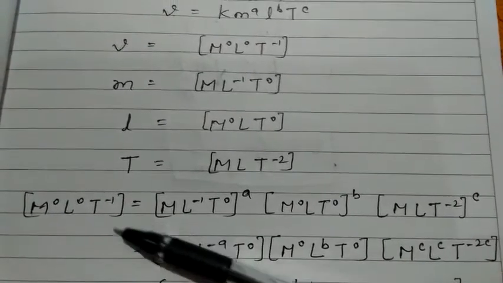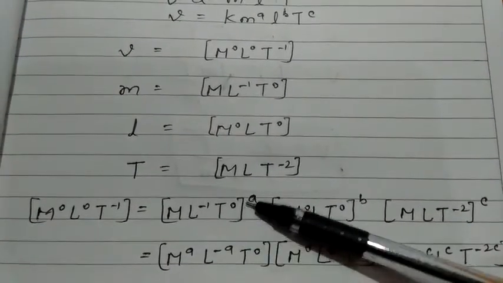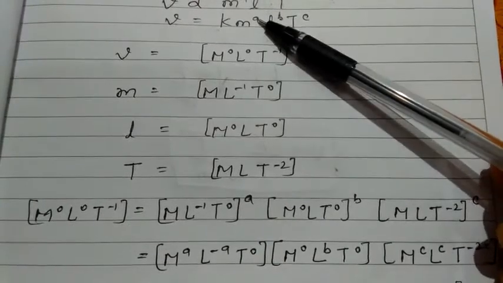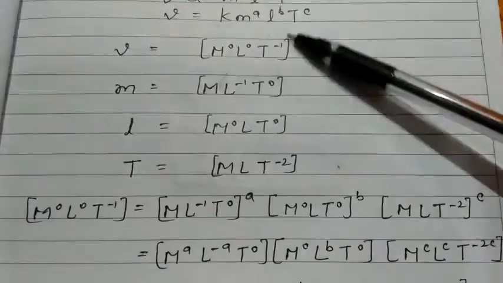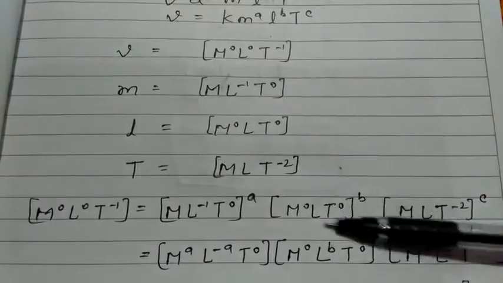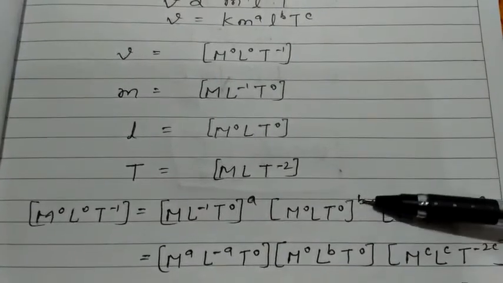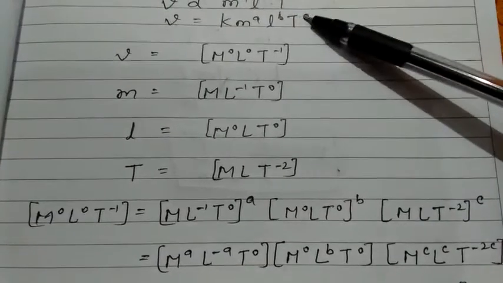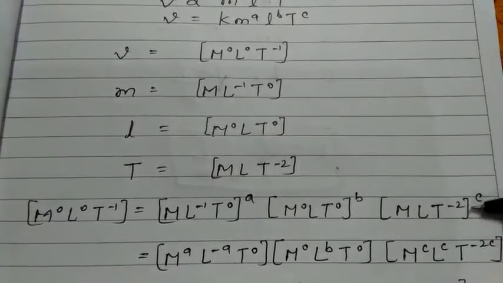Here this is nu, this is the value of M, M to the power a. Here L's dimensional formula and its power, T to the power c, so the dimensional formula of T and its power.